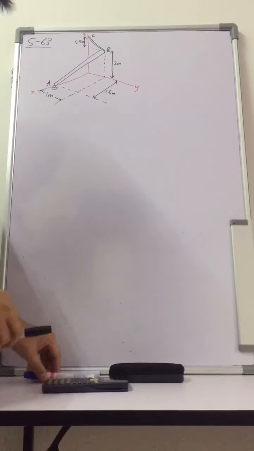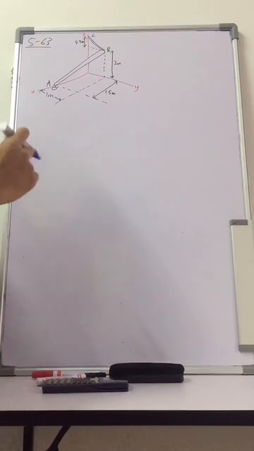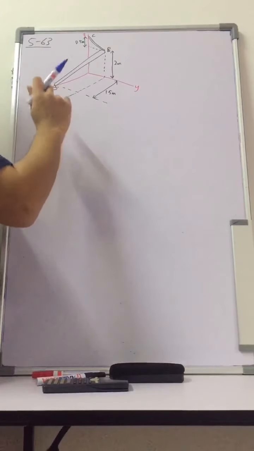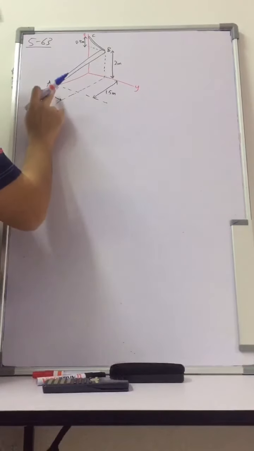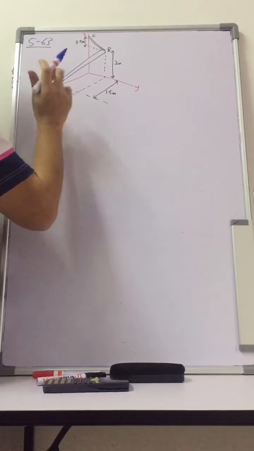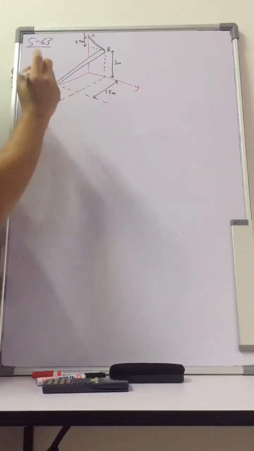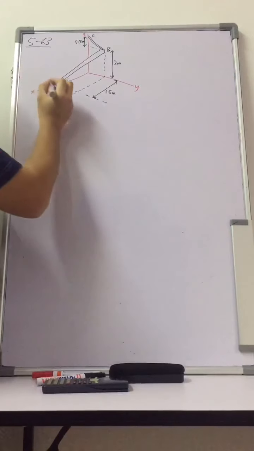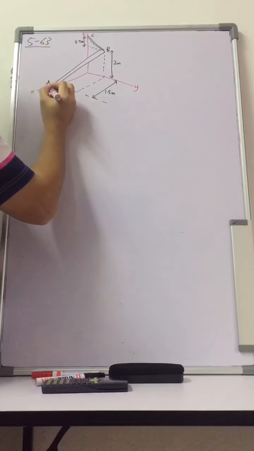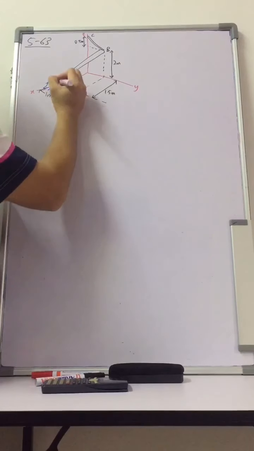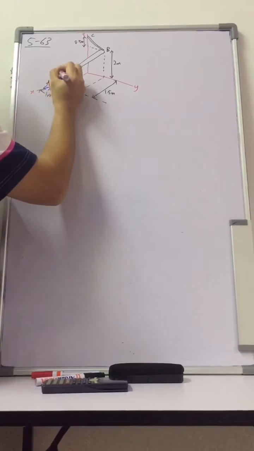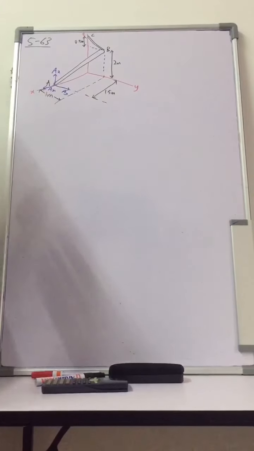So let's draw the free body diagram. To draw the free body diagram, we remove the supports. If we remove this ball and socket at A, we have AX, AY, and AZ. Just assume the positive directions, AX, AY, and AZ.